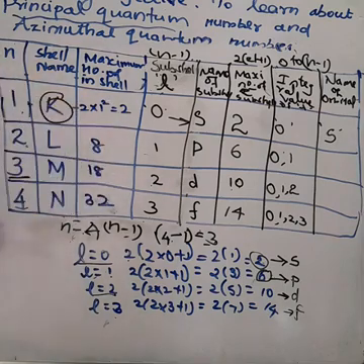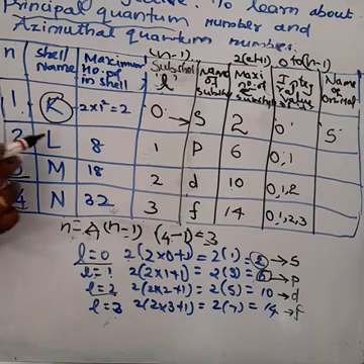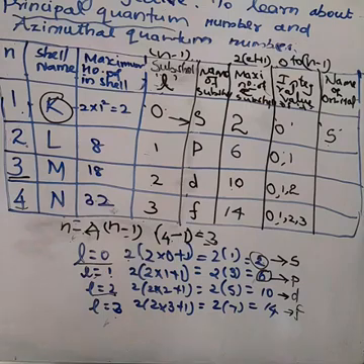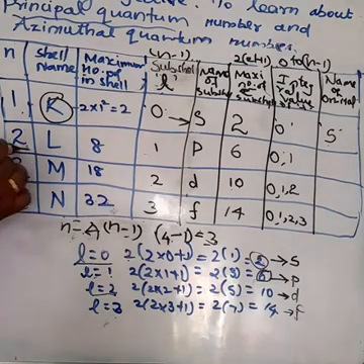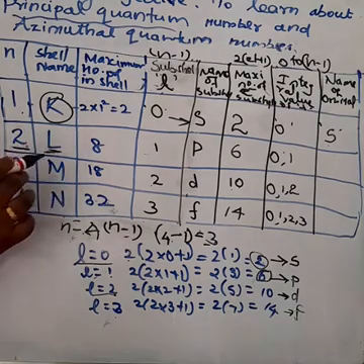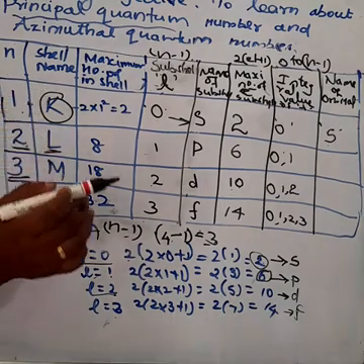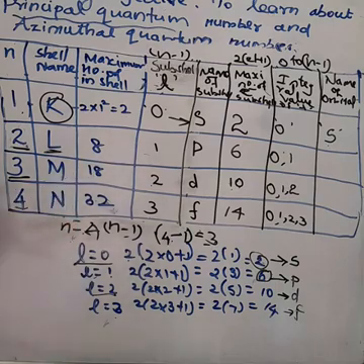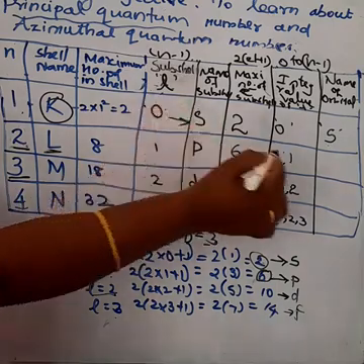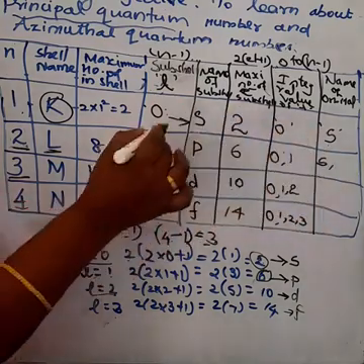So here within the K orbit, which orbital is present? S orbital, maximum number of electrons 2. Understood? And the second orbit, L orbit, n is equal to 2. Within the L orbit, the orbitals present are 0 and 1. 0 indicates s orbital and 1 indicates p orbital.